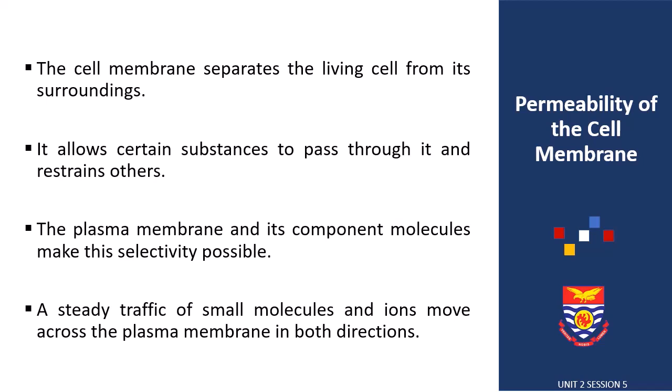And so a steady traffic of small molecules and ions are able to move across the plasma membrane in both directions. That is, these small molecules and ions could move from the cytoplasm of the cell to the surrounding of the cell, whereas these molecules and ions could also move from outside the cell across the plasma membrane into the cell's cytoplasm.